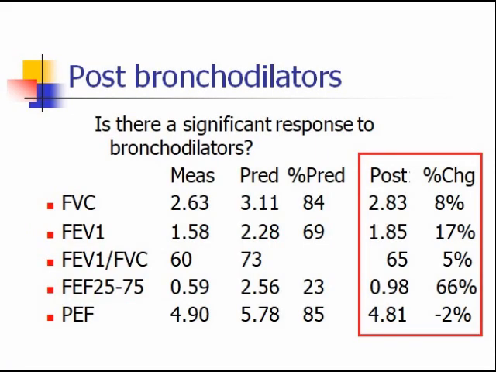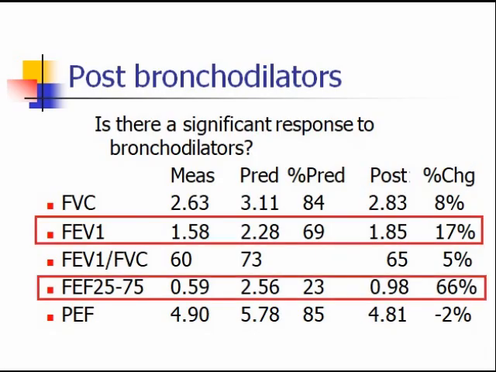I prefer to look at the post-bronchodilator information or data after I've looked at the pre-bronchodilator. This helps me look at what's happening in the patient. The question is, do we need to really look at all of these measurements?